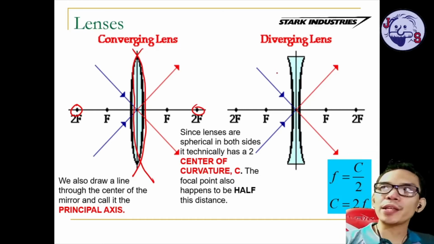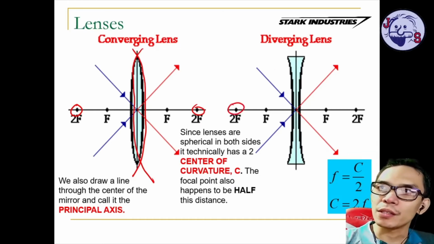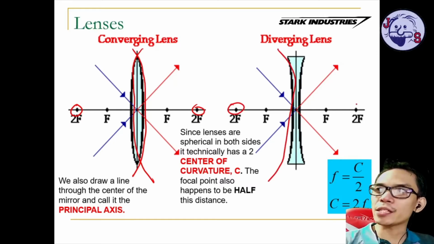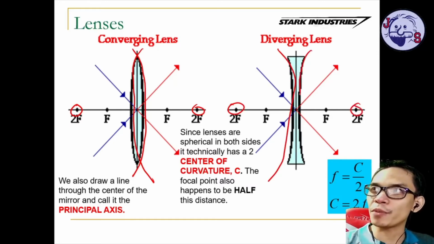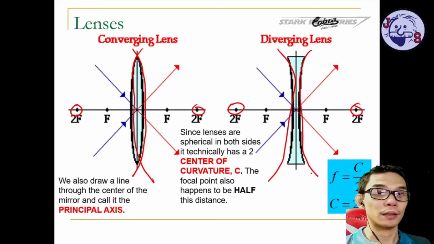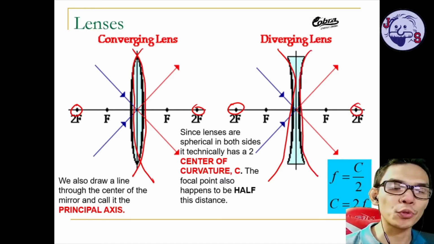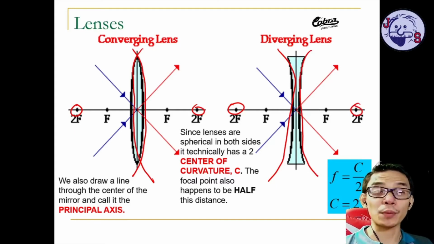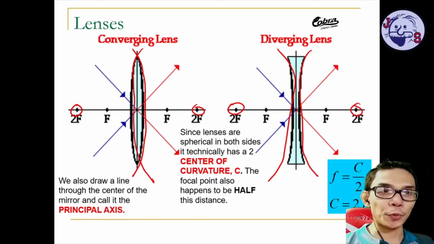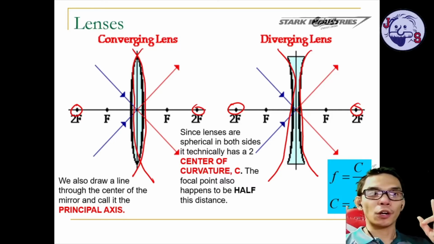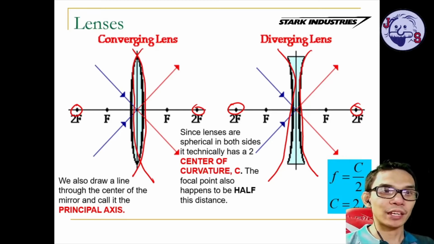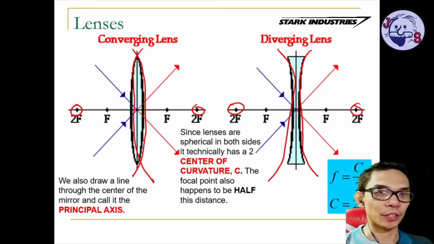Next one, this diverging lens. The center of curvature here is coming from this arc, and the center of curvature here is coming from this arc as well. So we have two arcs. That is why we have two center of curvature. Now, if you have two center of curvature, automatically you have two focal point, each half the distance of the center of curvature.